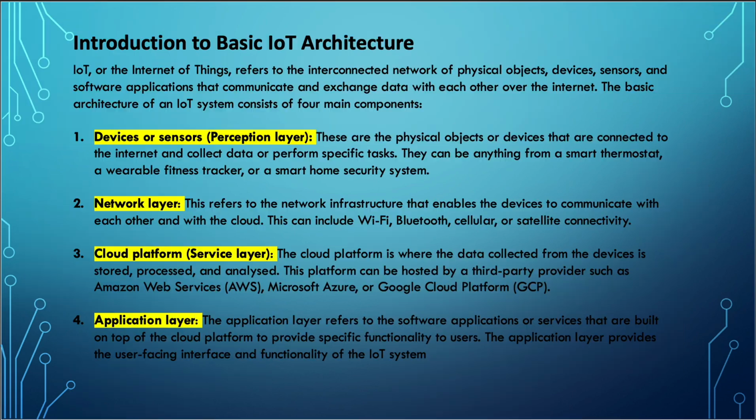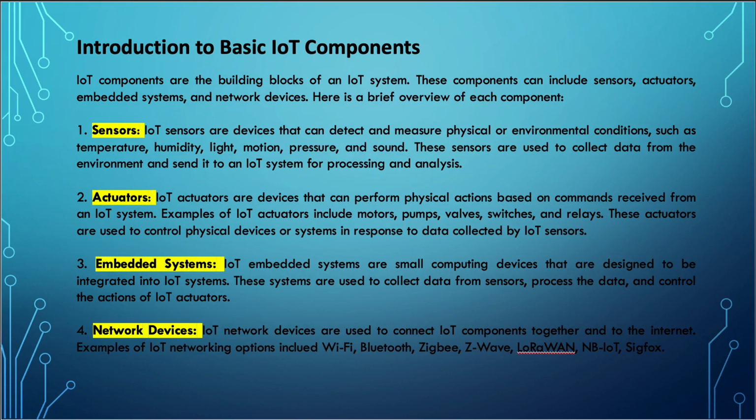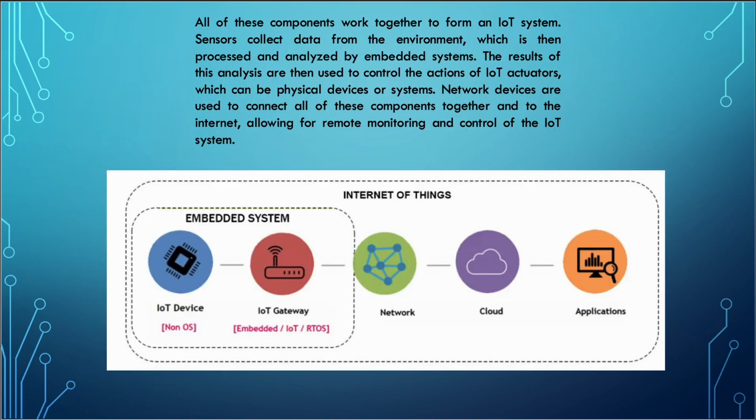You will then recognize, when building an entire IoT system, what the basic components of the architecture are. And you now understand, when building an IoT embedded device, what components are needed to build that embedded IoT device.